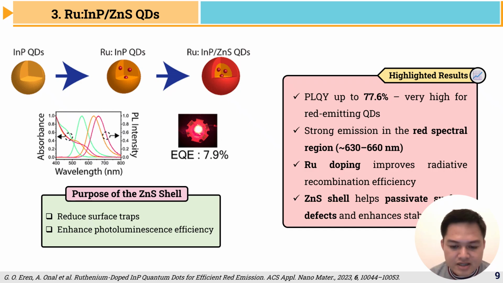This design gives a high PLQY of 70.6 percent and strongest emission around 630 and 660 nanometer. The high external quantum efficiency is 7.9%, so the structure works well.